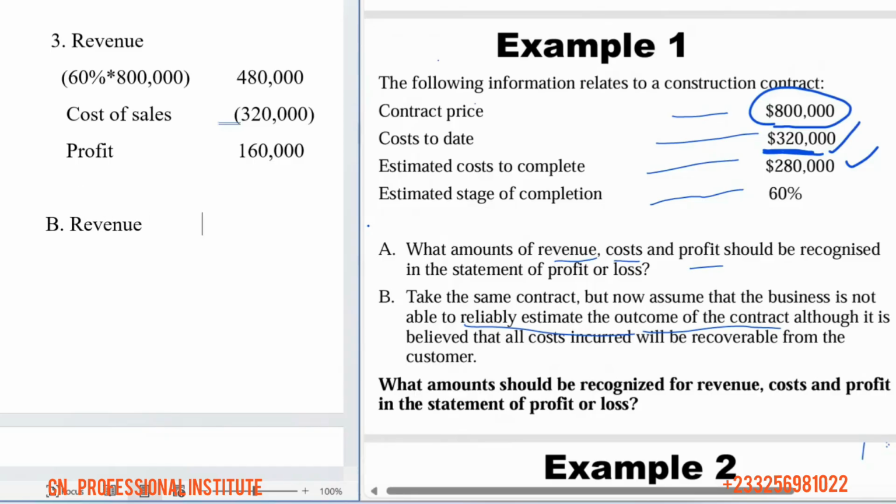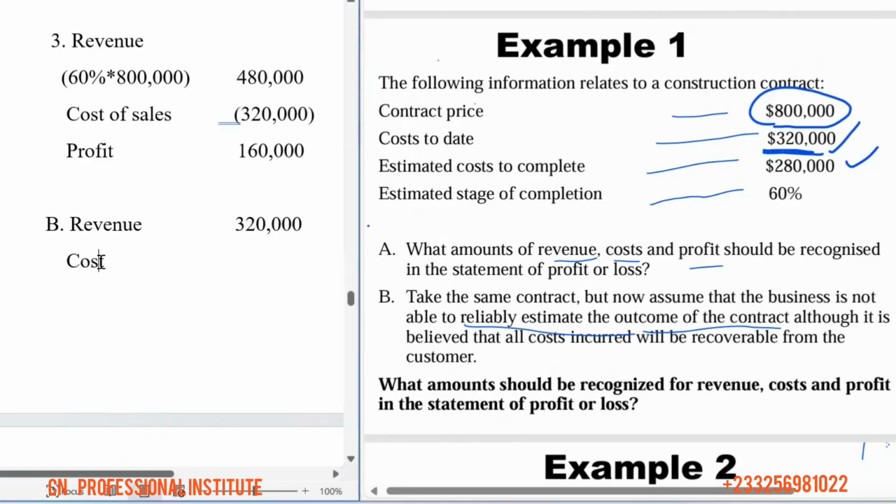If you remember, I said that in the previous video when we were looking at the figures that will go to P&L and the figures that will go to financial position. So where the outcome cannot be reliably estimated, we use our cost to date as our revenue.